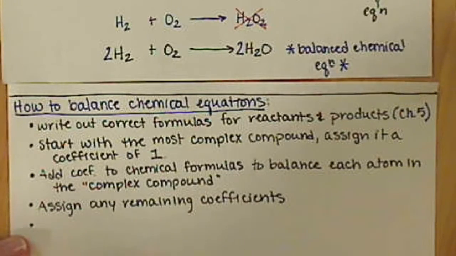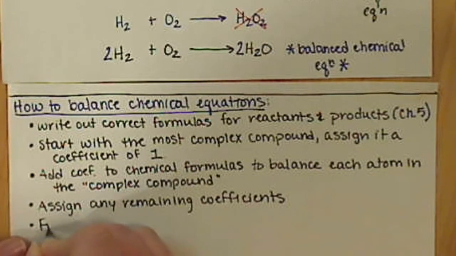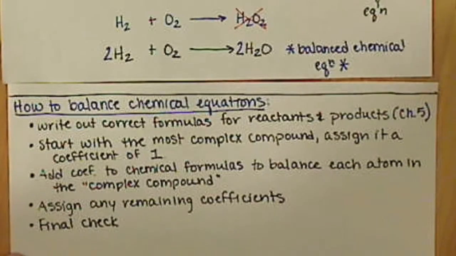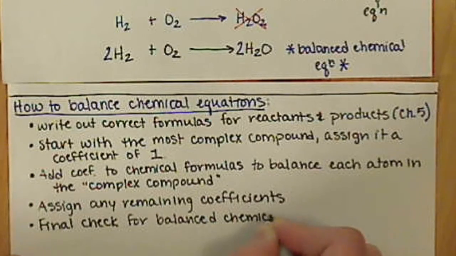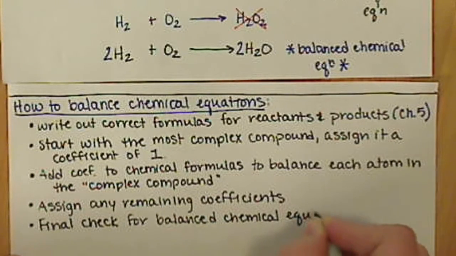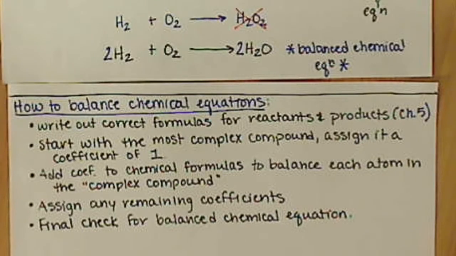Then I always say that you should do a final check for your balanced chemical equation. And that's just to make sure that you didn't do any silly mistakes or you didn't reassign a coefficient and didn't realize that you had already assigned it, something like that.